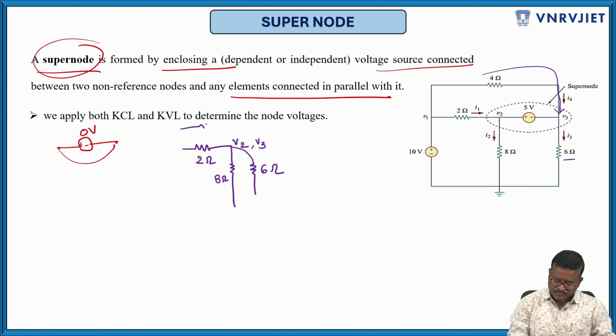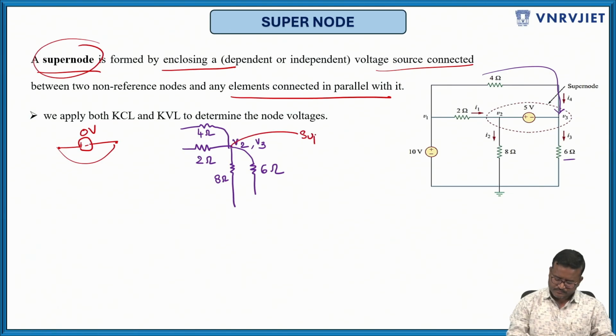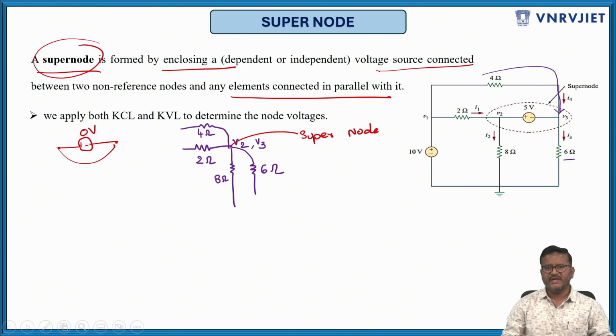So it is like this, and this is the 4 ohm resistor. So the 4 ohm resistor is connected to a supernode. By enclosing that voltage source, I have formed a supernode. Now at this supernode, you can apply KCL.